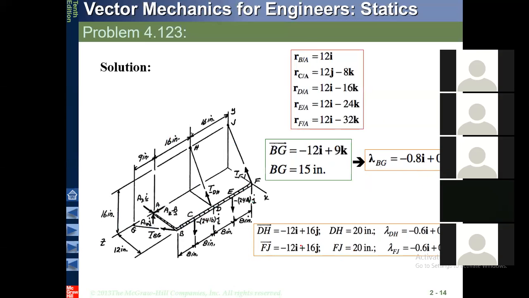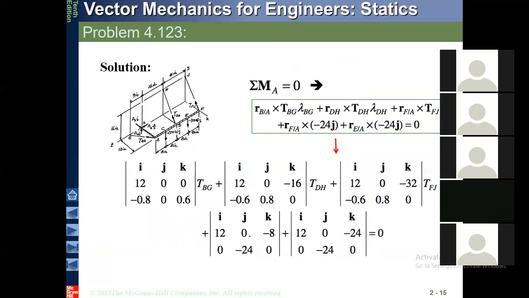And so you can get the magnitude of DH and FJ, and then you can get the unit vector for each of these directions. And as you know, then you can write actually the force, which here, the notation is not right because lambda BG is a unit vector, and this T should not be in bold case, so it is just a magnitude.